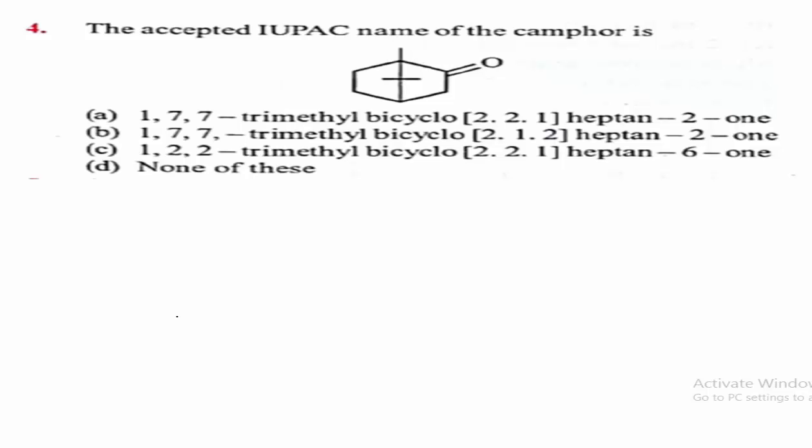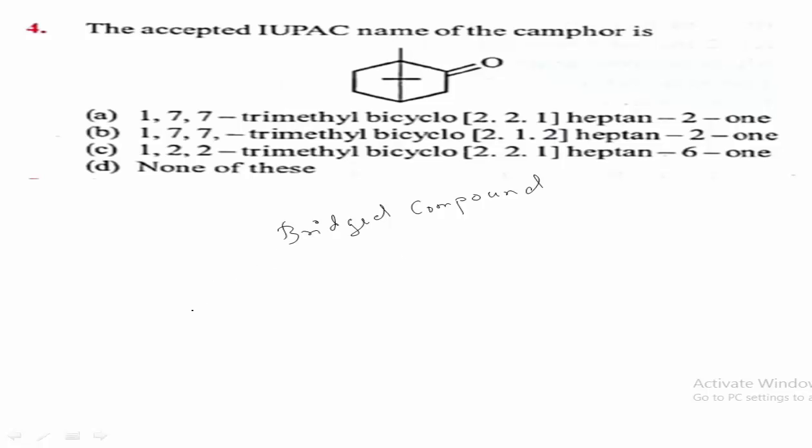Remember that concept here, and this is a very important example or a problem for your JEE examination. See here, students, when you observe the given structure, it is one of the bridged compounds.